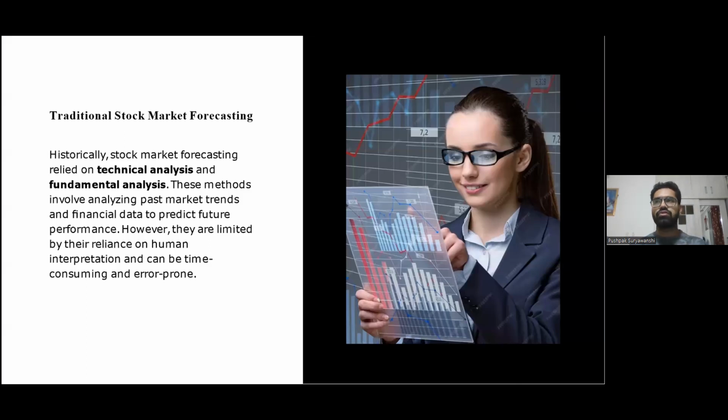Traditionally, stock market forecasting relied on two methods: technical analysis and fundamental analysis. An example of technical analysis is this: if we have stock price data for a certain period of time, let us say 6 months or 1 year, there is a method called the moving average method.